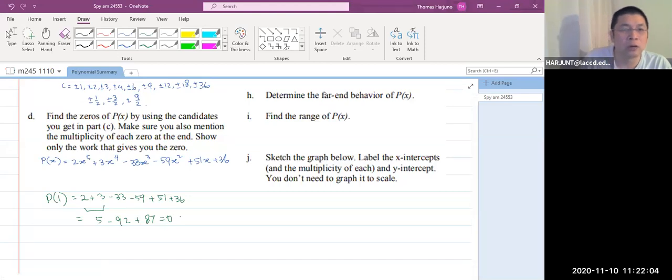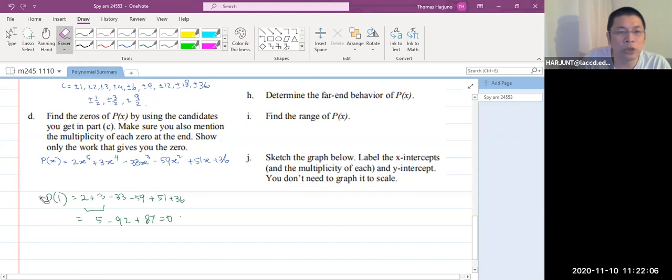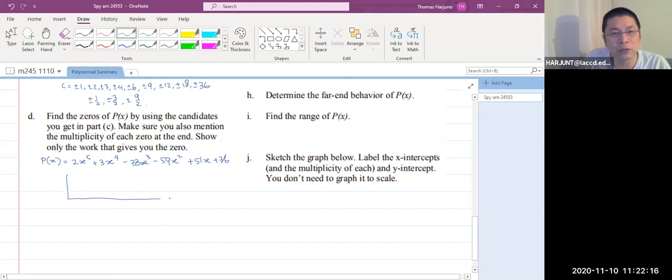Now, here's the thing. Once we know that 1 is a zero, that's on my scratch paper, that's why I erased that here. Then I will use synthetic division to divide by x minus 1. But Thomas, you already know 1 is a zero.